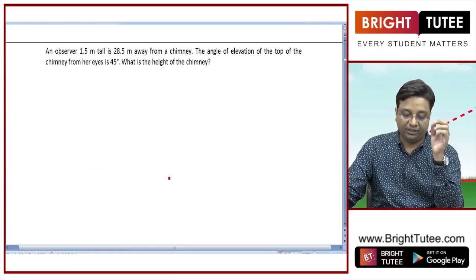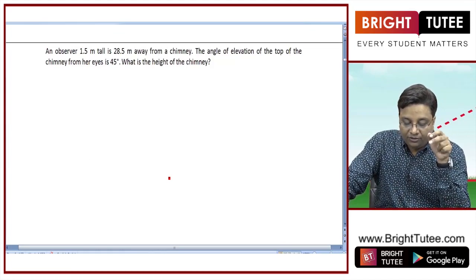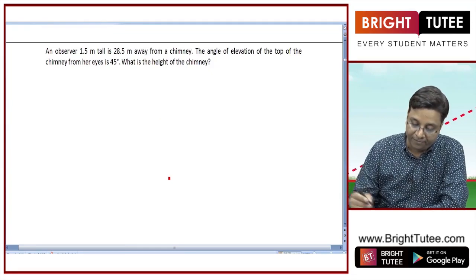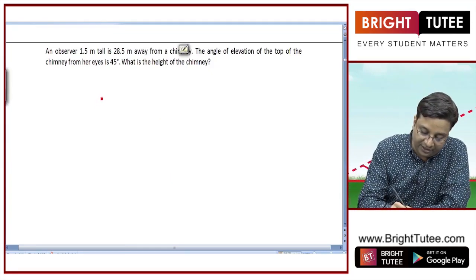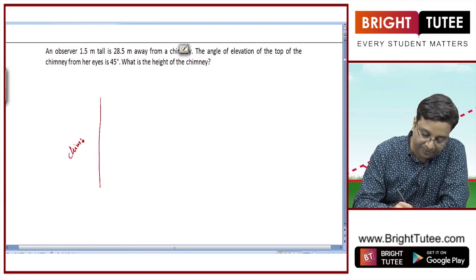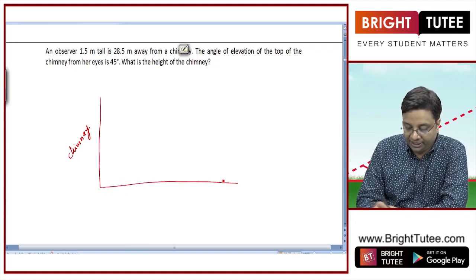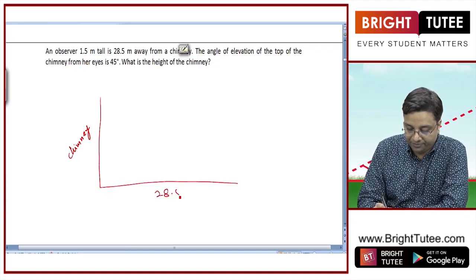An observer who is 1.5 meter tall is 28.5 meter away from a chimney. Okay. So let us take this as our chimney. An observer is 28.5 meter away.